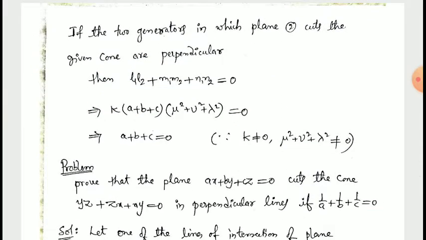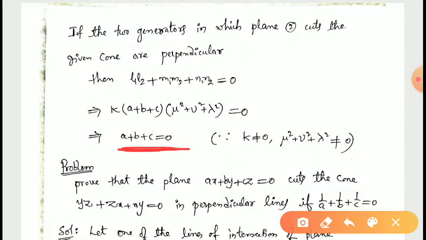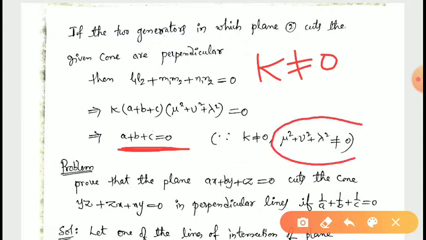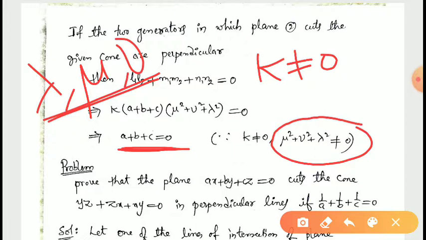From this we can write A plus B plus C is equal to 0, since here K is not equal to 0, since K is the ratio of two non-zero terms. Therefore we must have K is not equal to 0. And also mu square plus lambda square plus nu square is also not equal to 0, since lambda, mu, nu are direction ratios of a straight line, and the sum of the squares of the direction ratios of a straight line should not be equal to 0.